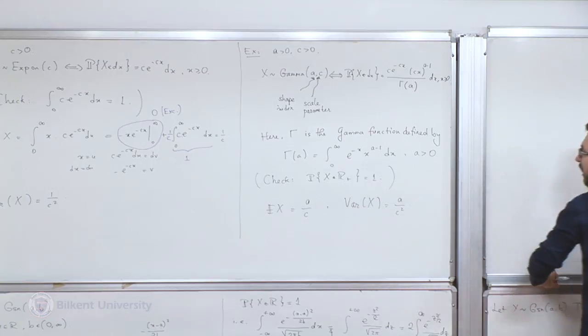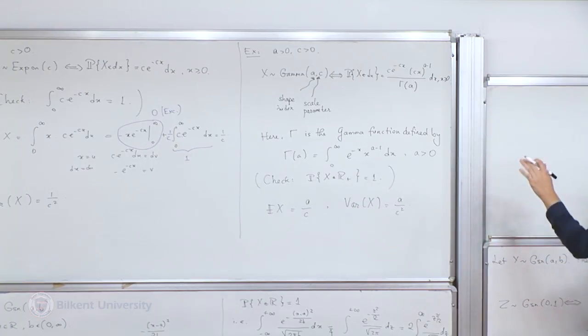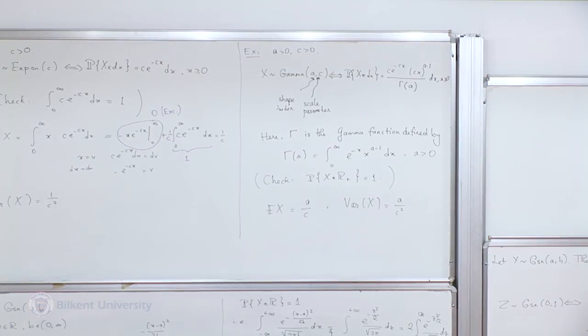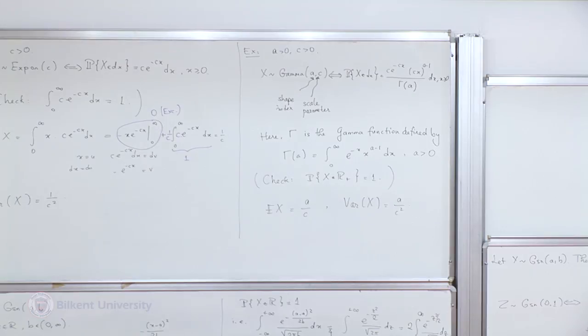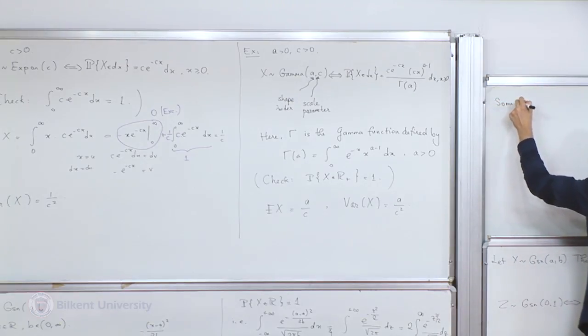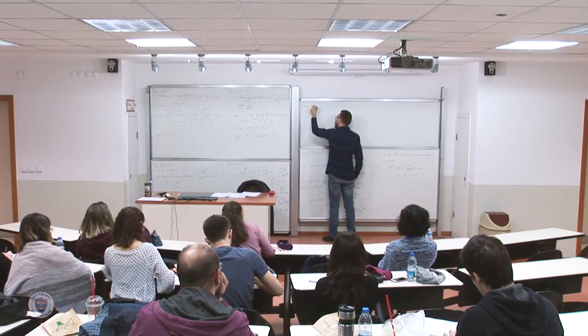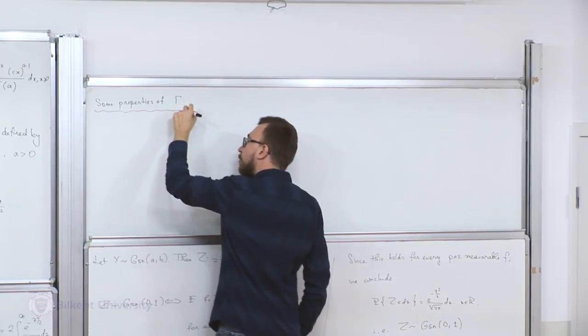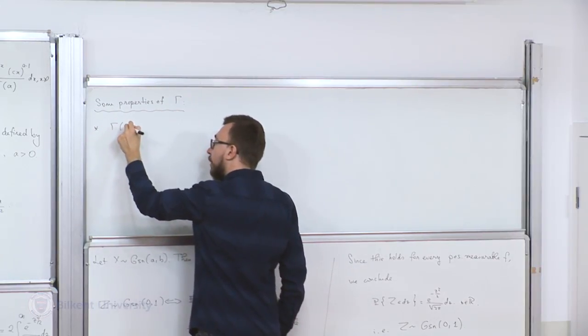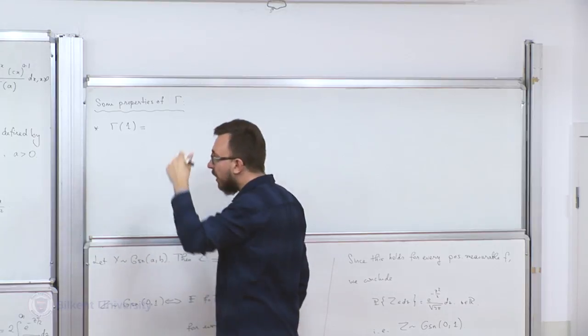So before talking about special gamma distributions, including the exponential, maybe we should list some properties of the gamma function, not the distribution. First of all, what is gamma of 1?